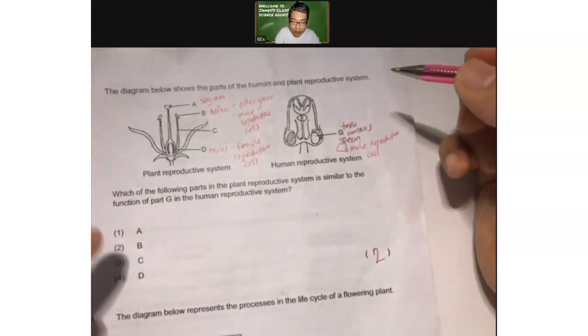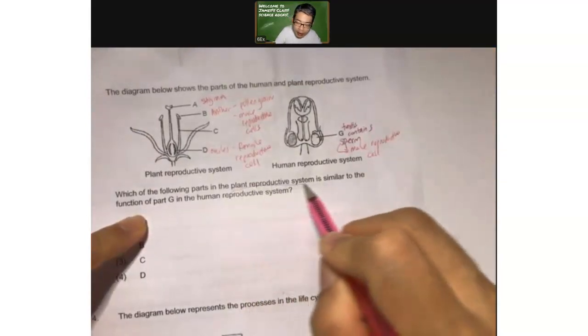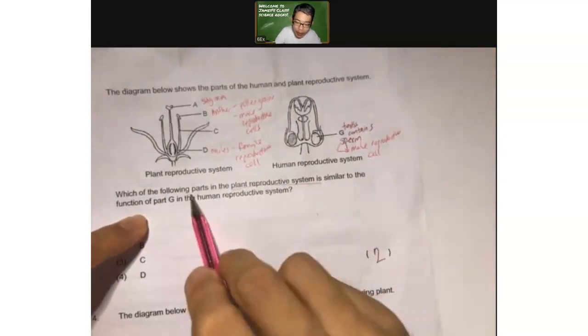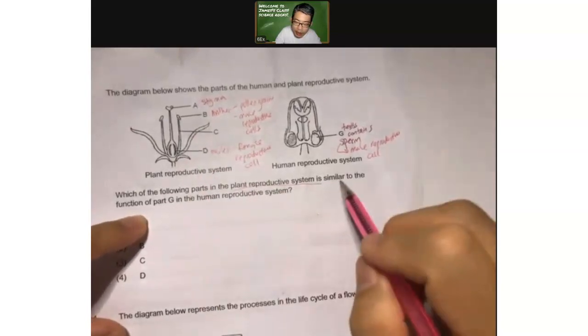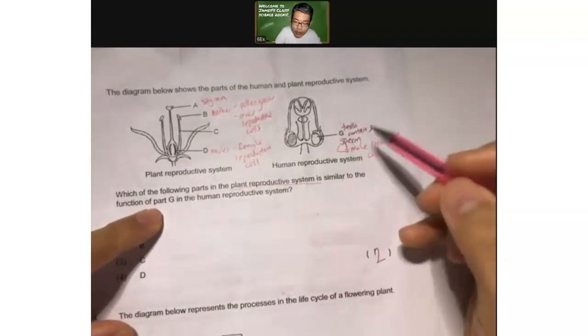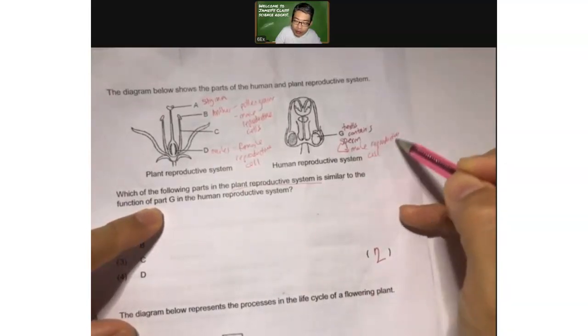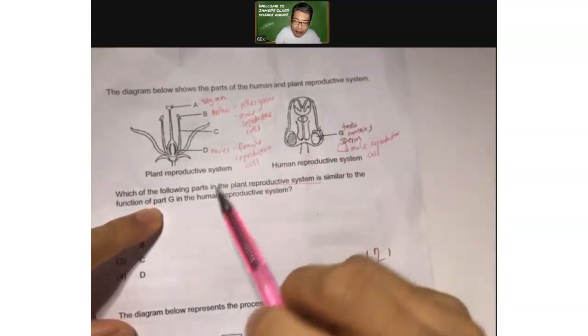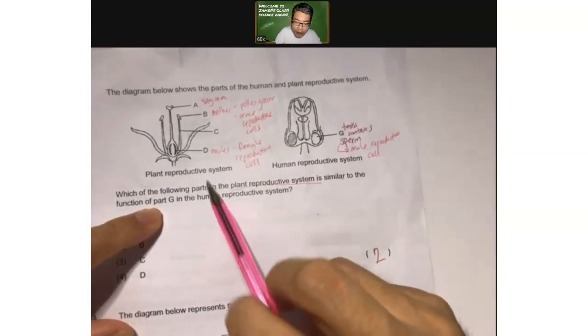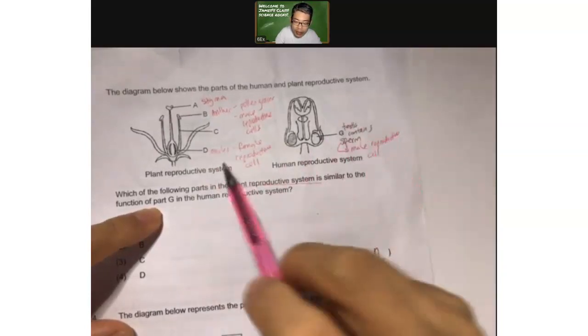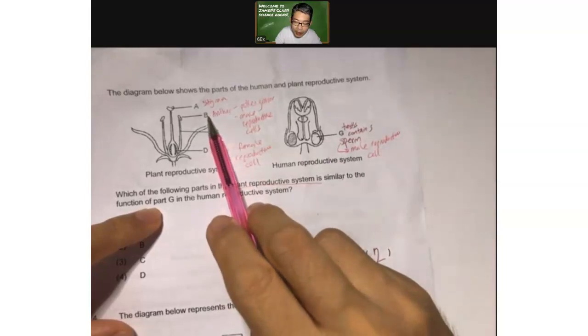So you're asking which part of the plant system, which part A, B, C, D, is similar to the function of G in the human reproductive system. G is the male reproductive cell, and in this case here, D is a female. B here is the anther.